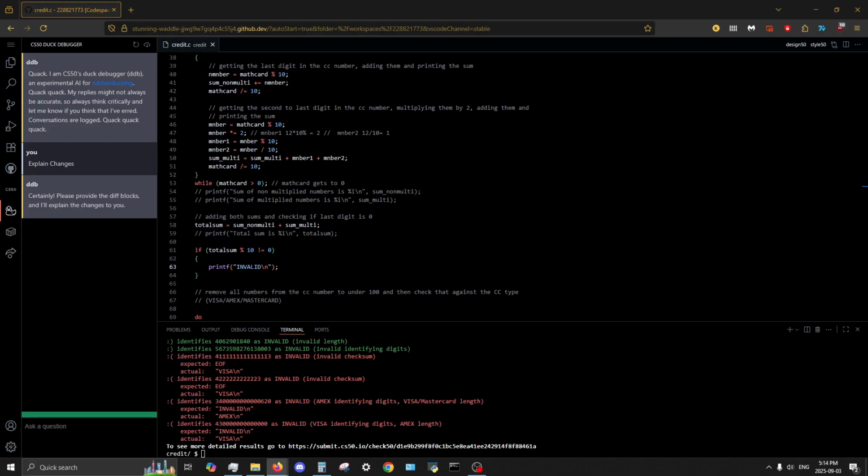What is EOF? Activated as using as the card length.